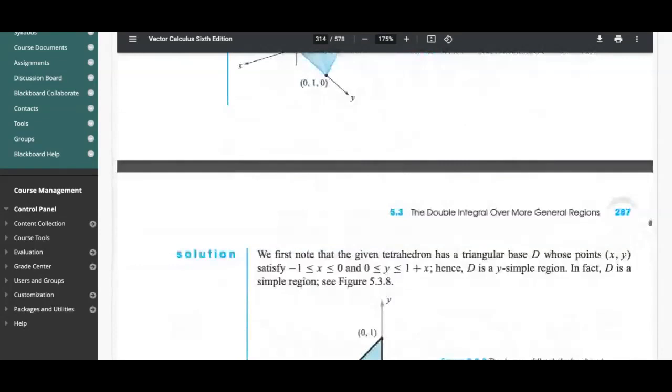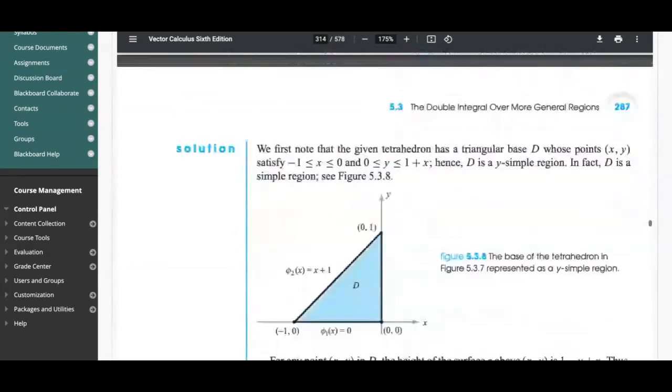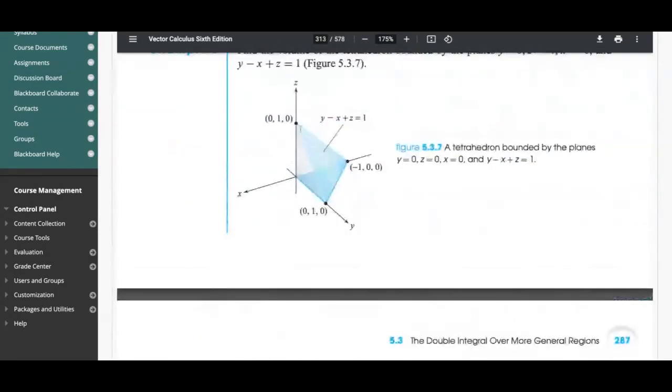So we set up integrals. First, we need to figure out our integrand, and we need to figure out the region over which we'll integrate it. You could calculate the region on the xy plane, the yz plane, or the xz plane.